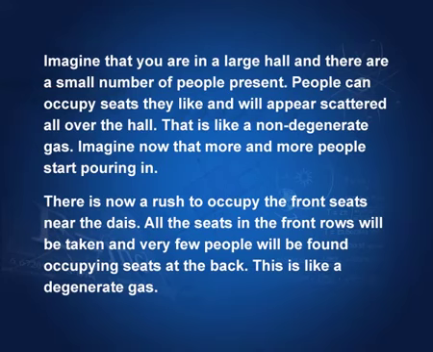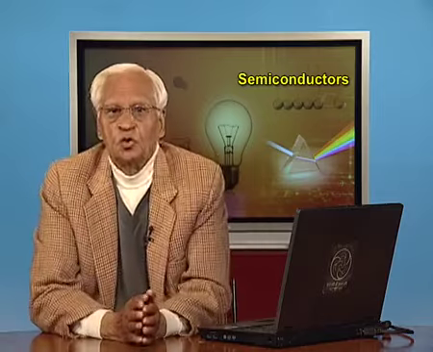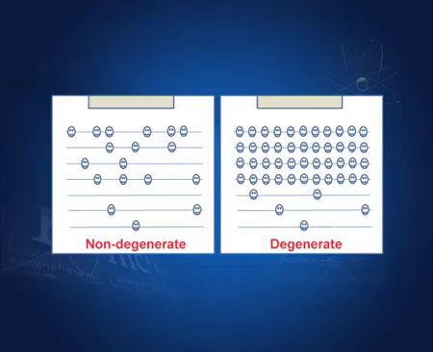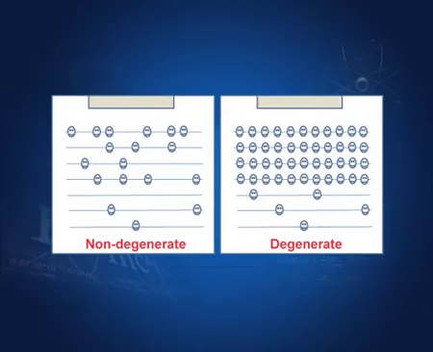At a certain density of people inside the hall, there is a rush towards the low lying states, that is, all these front states are full and there are very few people sitting at these seats. So, this is the physical picture of a degenerate gas, that all the low lying energy states are completely occupied and there are very few particles occupying states beyond Fermi energy.